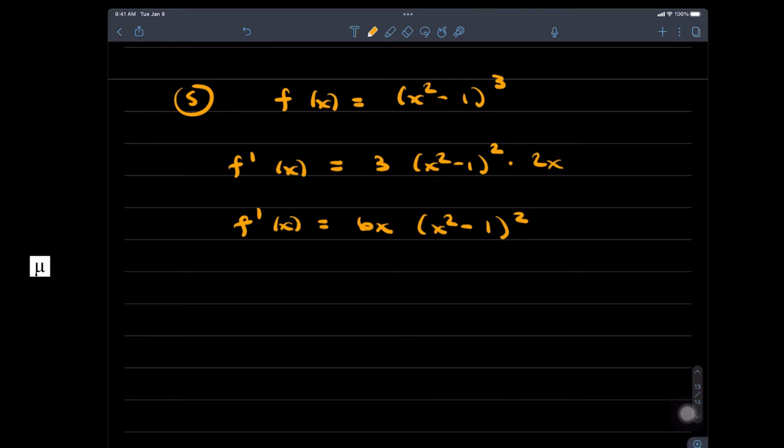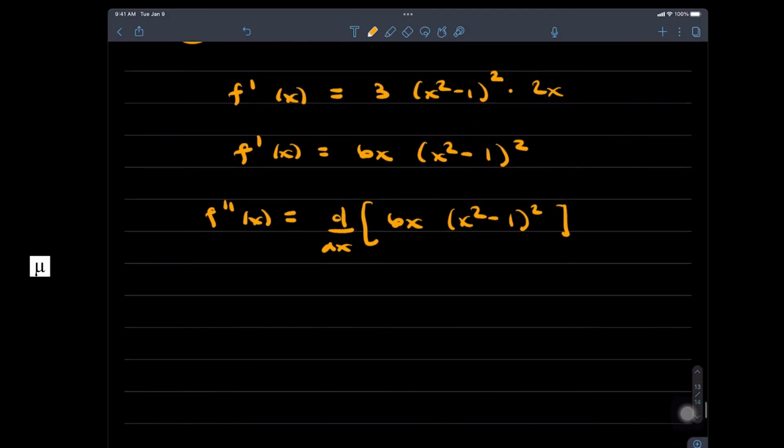How do we get the double derivative now? What do you get? 6x.